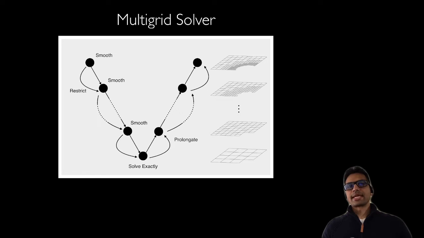It has upsampling and downsampling operators for coarsening and refining the problem. And it has an exact solver which solves the problem exactly at the bottom. So the idea of multigrid is to selectively coarsen the problem until it's efficient enough to be solved exactly, and then upsample the solution to the finest level.